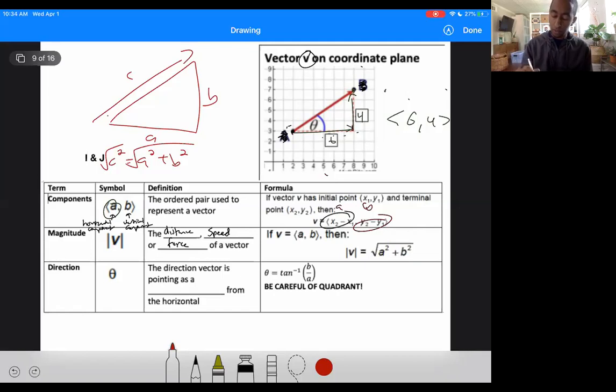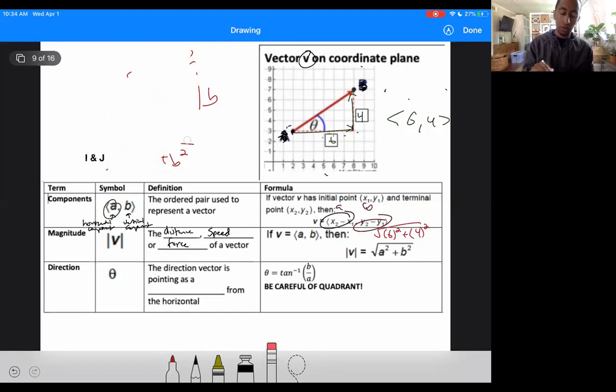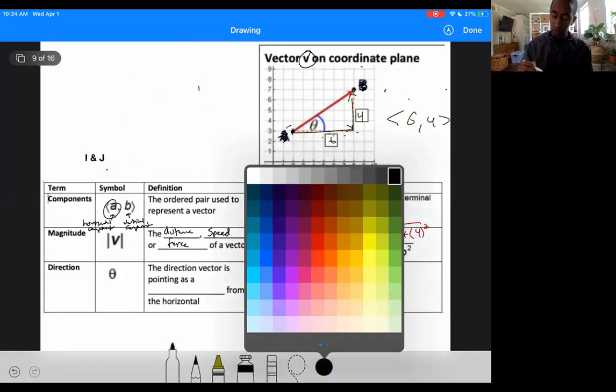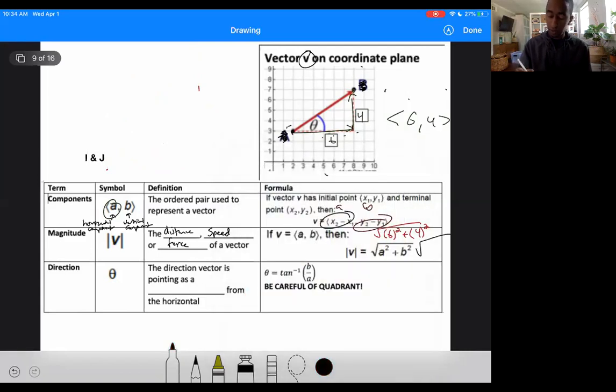So if we were finding the magnitude of this, it would just be the square root of 6 squared plus 4 squared, right? And that would be 36 plus 16, so the square root of 52. That means this magnitude right here is the square root of 52.